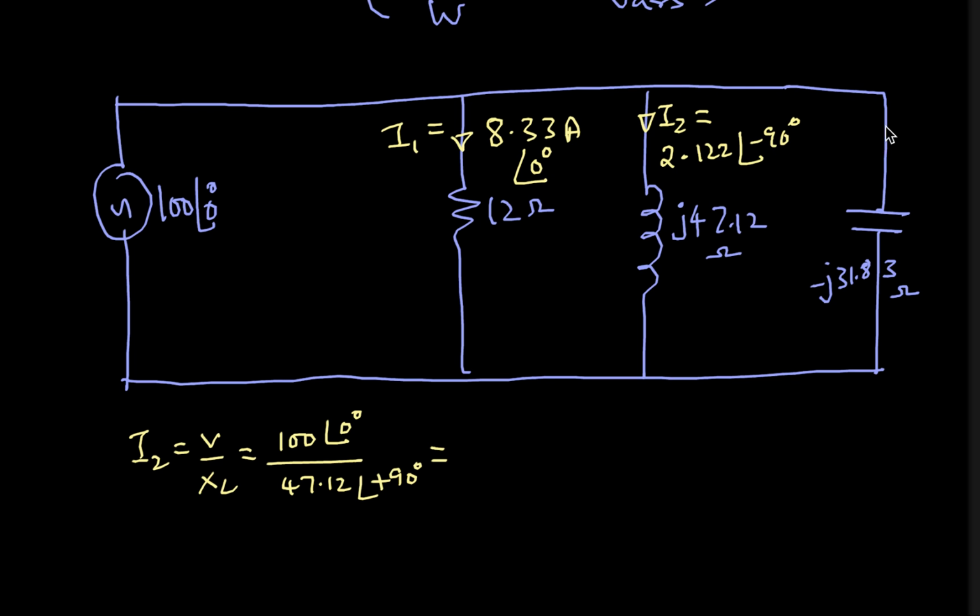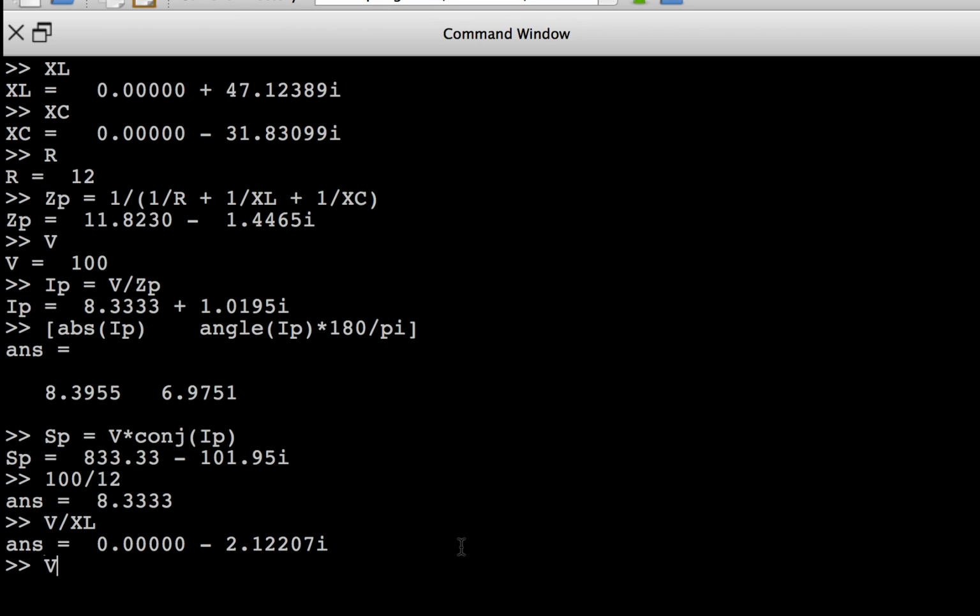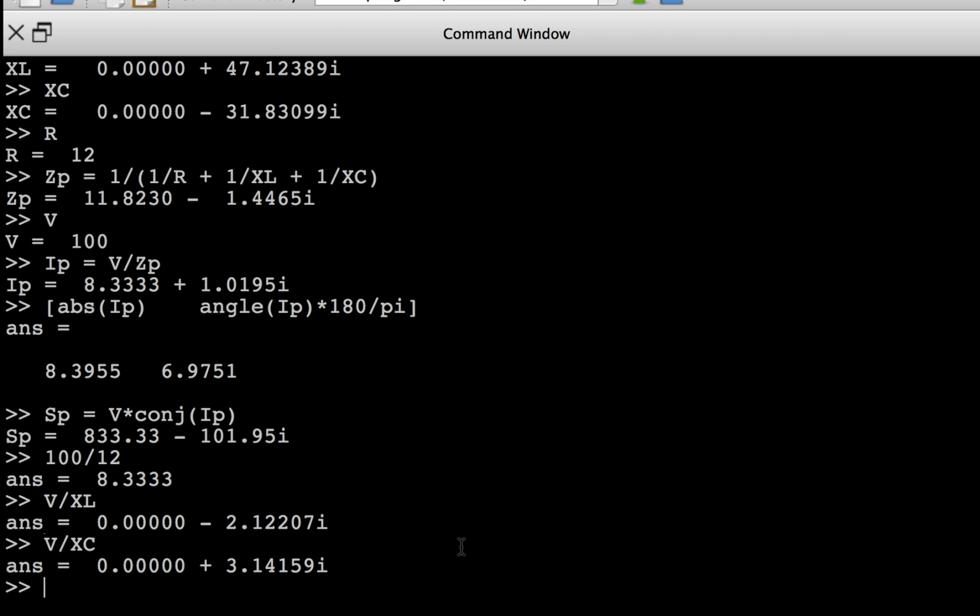Whereas how much is this current, I3, in amperes? I3 is V by XC, that is 100 angle 0 degrees divided by minus J 31.83. So V divided by XC gives 3.14159.